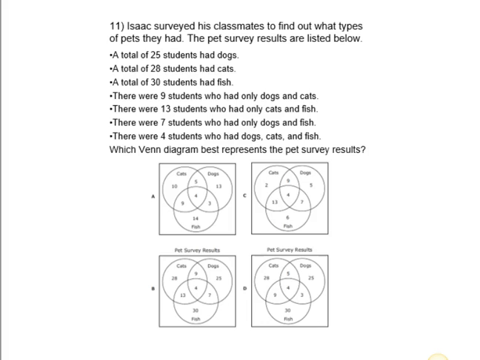There were 13 students who had only cats and fish. There were 7 students who had only dogs and fish. There were 4 students who had dogs, cats, and fish. Wow, they have a lot of pets. Which Venn diagram best represents the pet survey results?